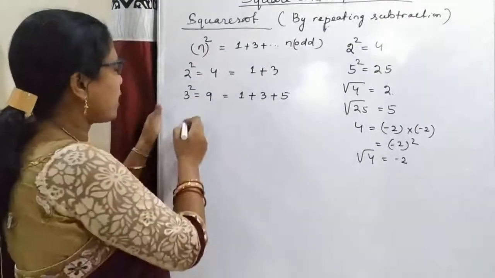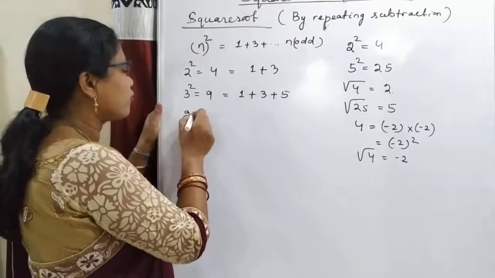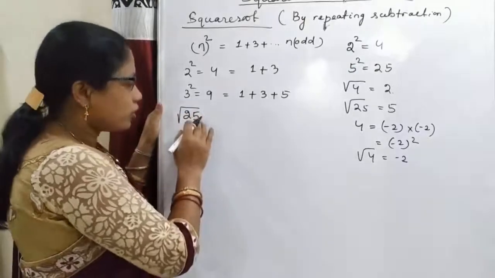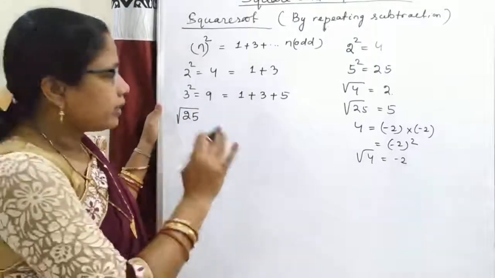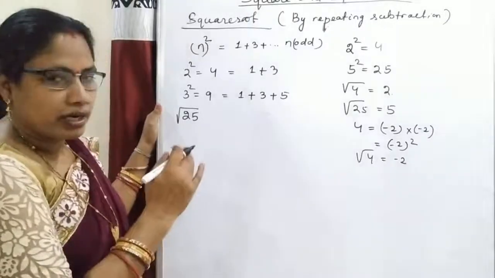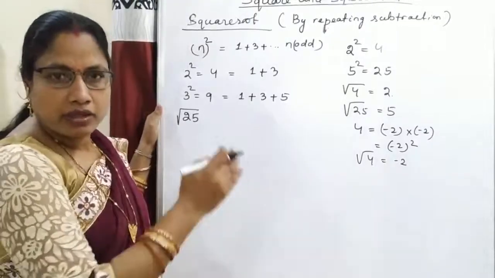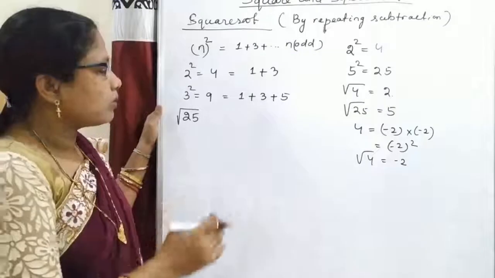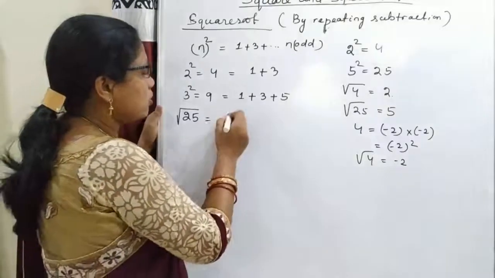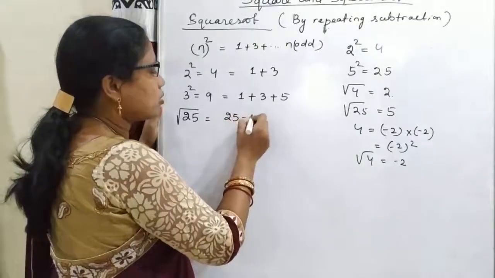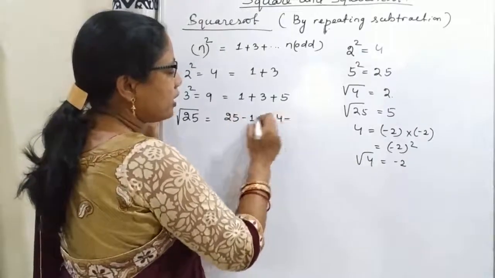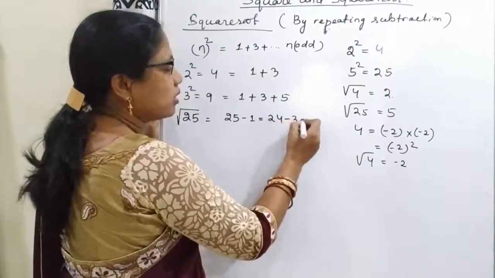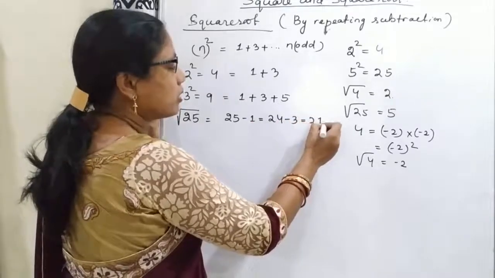So let us find the square root of 25 by repeating subtraction. That means we have to subtract the odd numbers one by one. First 25 minus 1 is equal to 24. Then 24, next odd number is 3, this is equal to 21.